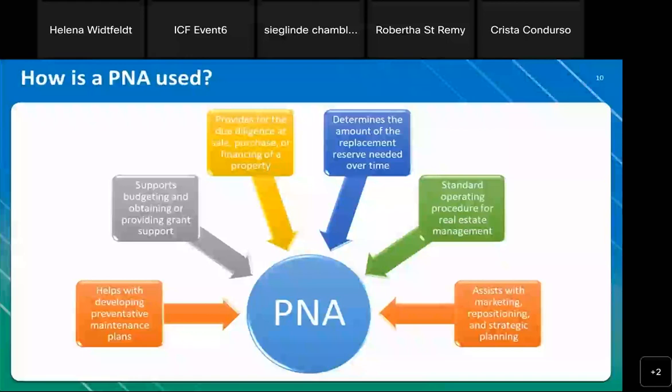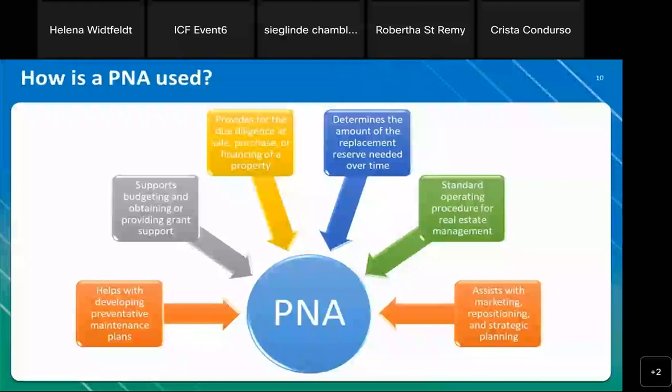And it also strengthens your operating procedures for real estate management, where you may consider, hey, I don't want to improve that in 10 years, I really want to stretch this to 15 years. Because as you know at home, when you take care of a water heater or your HVAC unit and you have routine maintenance, the item lasts longer than the expected shelf life of a particular piece of equipment. So it's the same thing.